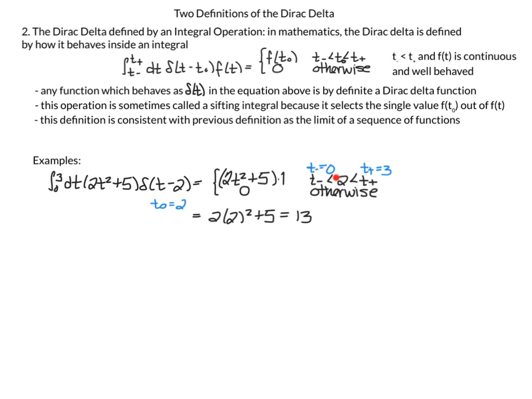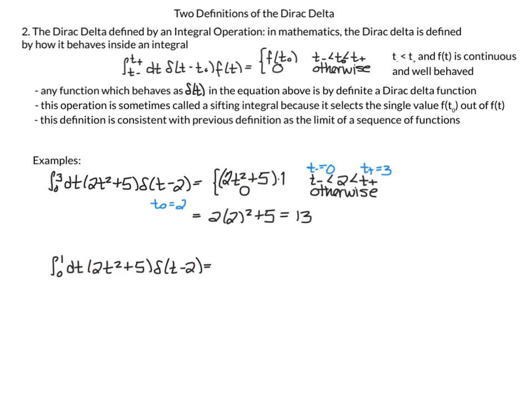It's only when you hit t equals 2 that you get Dirac delta equals 1, in which case you evaluate your function at t equals 2. The moment you get larger than 2, between 2 and 3, your Dirac delta goes back to 0. So the only thing that contributes to your area under the curve is t equals 2. Plugging that into f of t, you get 2 times 2 squared plus 5, which is equal to 13.